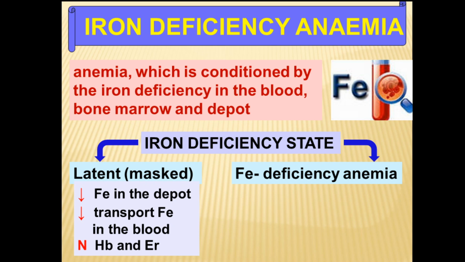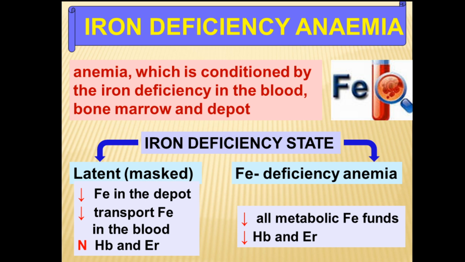Latent masked iron deficiency state is characterized by normal count of hemoglobin and erythrocytes in blood, but the level of iron in the depot and transport iron in the blood is decreased.